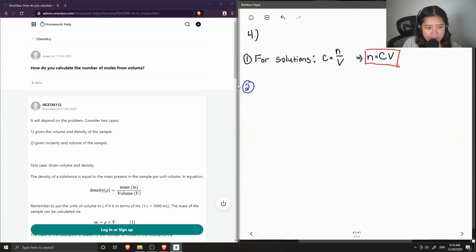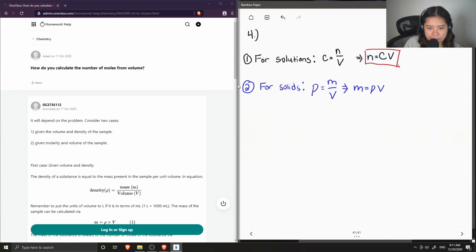Another scenario is if we are given density and volume. So for maybe solids, let's recall that density is equal to mass over volume. So we can rearrange this equation and solve for the mass by just multiplying the density and the volume of the solid.